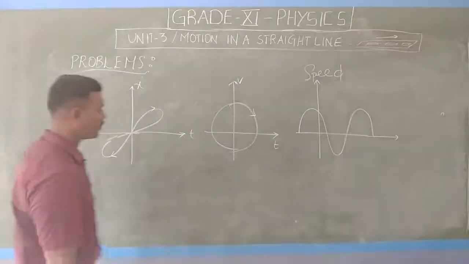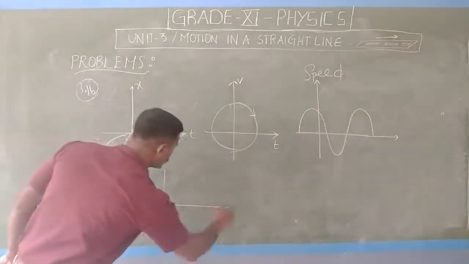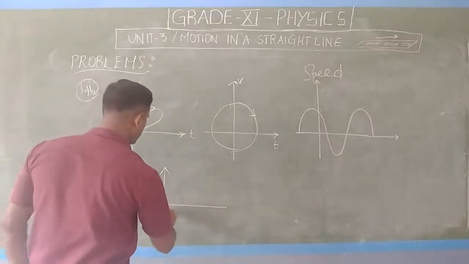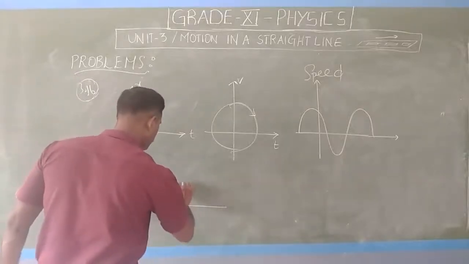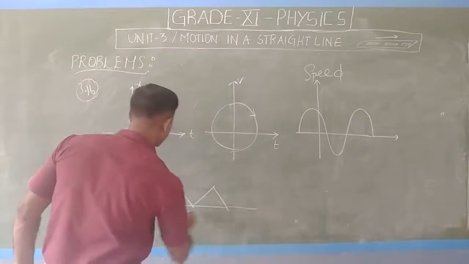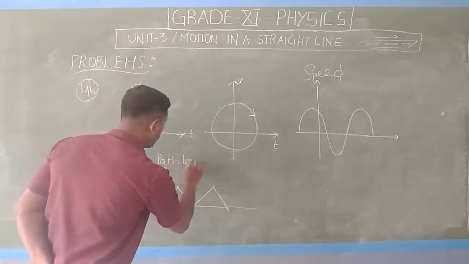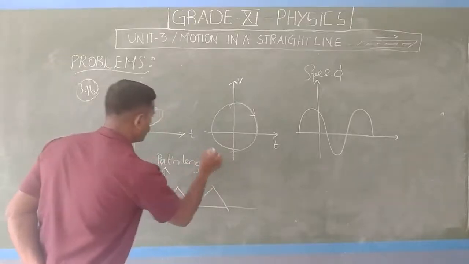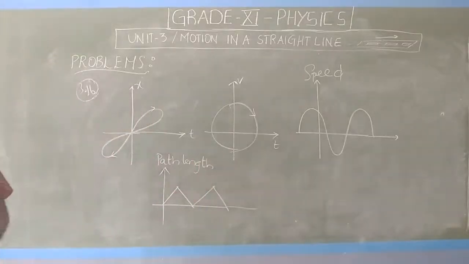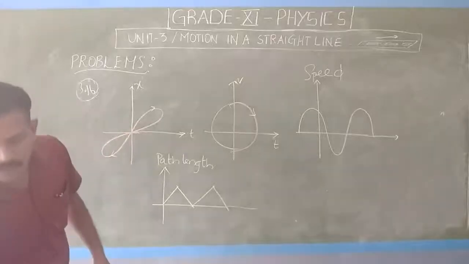The fourth graph is path length. Okay students, so these are all the four graphs that are drawn.